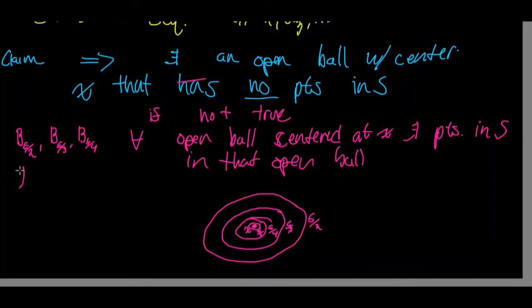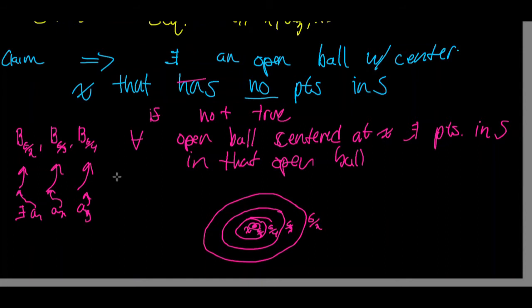And in each of these open balls, there exists a point in S. I won't call it an x1, that might be confusing. I'll call it an A1 in this first open ball, an A2 in this other open ball, and an A3 in this open ball. In each of these open balls, I'm always going to be able to find a point in S, even if it's the same point in each of these open balls, but eventually it won't be.